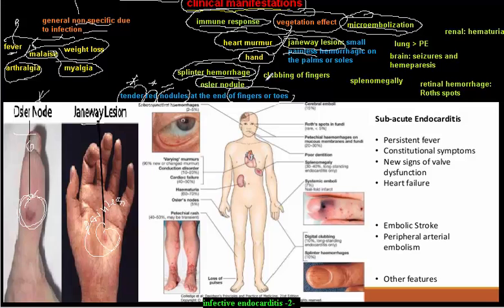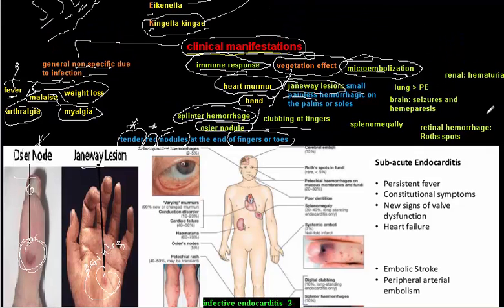What else can we see in the hand? Clubbing of the fingers. The microembolization that may go to the lung may lead to pulmonary embolism, dyspnea, and the symptoms of pulmonary embolism. If the microembolization goes to the brain, it may lead to seizure or hemiparesis, CVA, and so on.